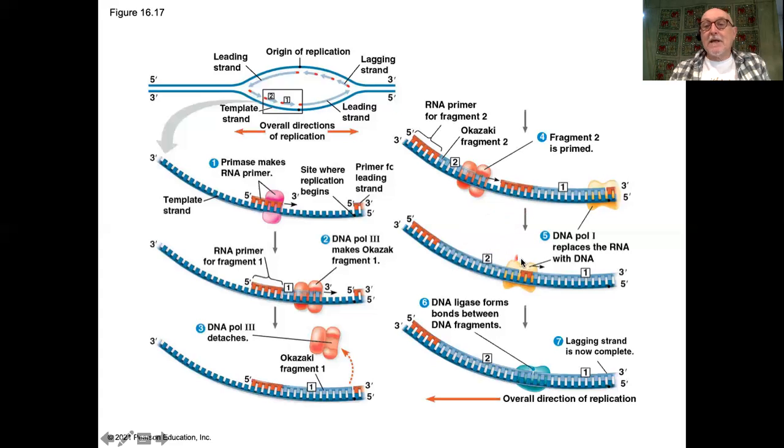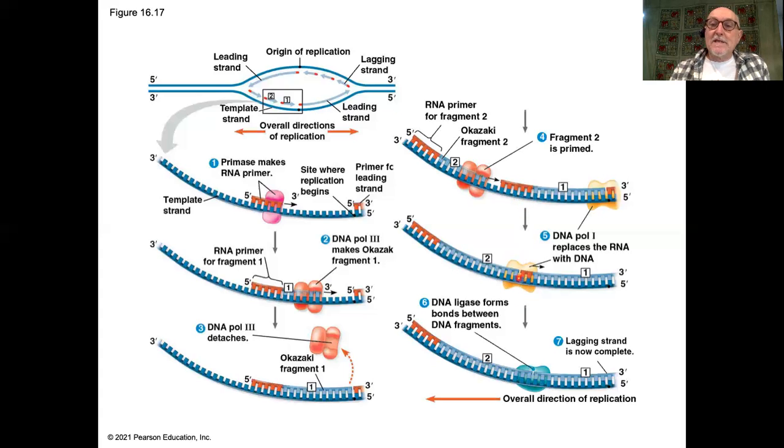The way it's stitched together is that another DNA polymerase comes in. This is DNA polymerase I. And DNA polymerase I is able to digest the RNA primer and lay down DNA bases in its place. So that is exactly what it does. It digests out the RNA primer and lays down DNA bases in its place.